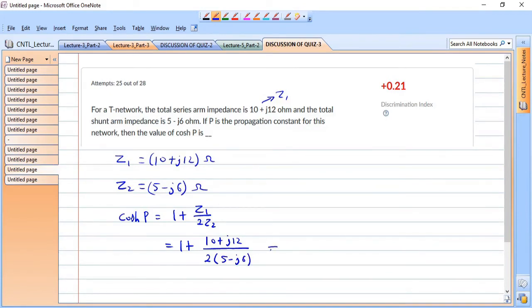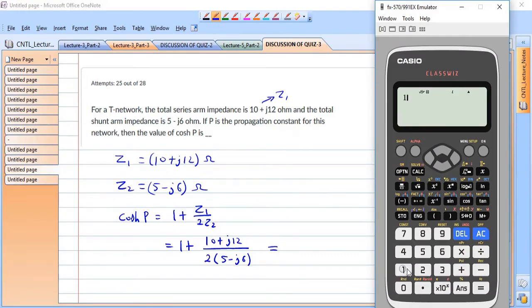So that will be equal to 1 plus (10 plus 12i) divided by twice (5 minus 6i).